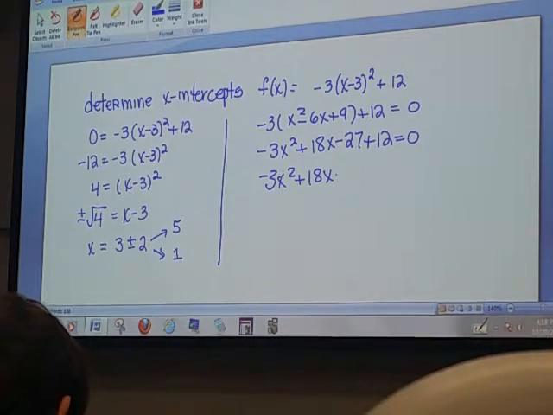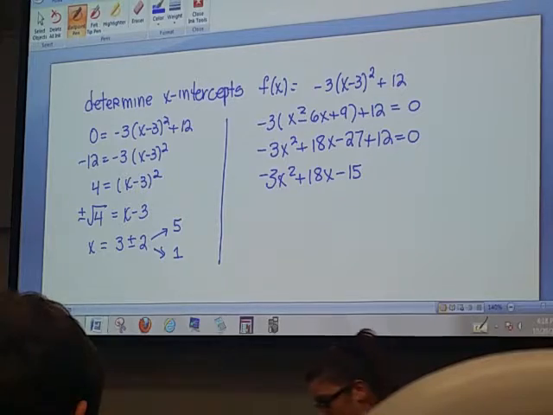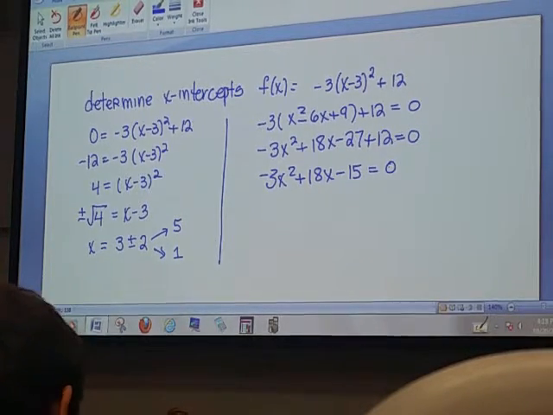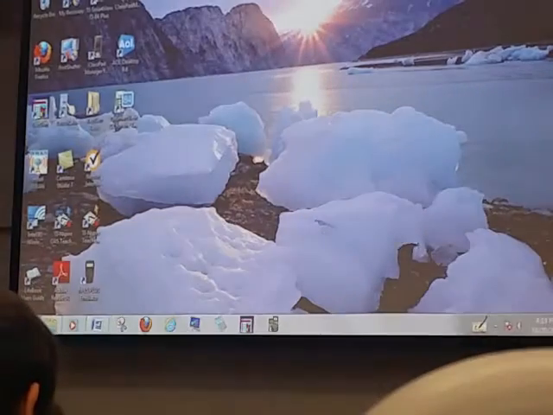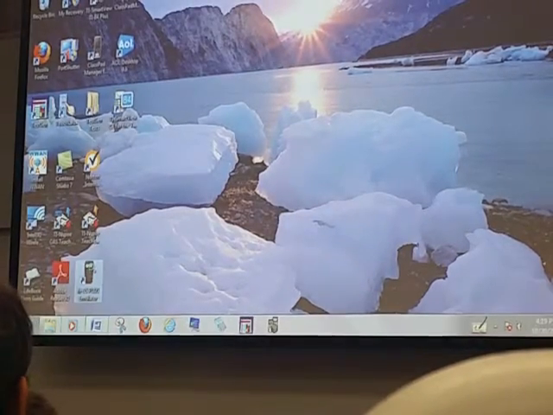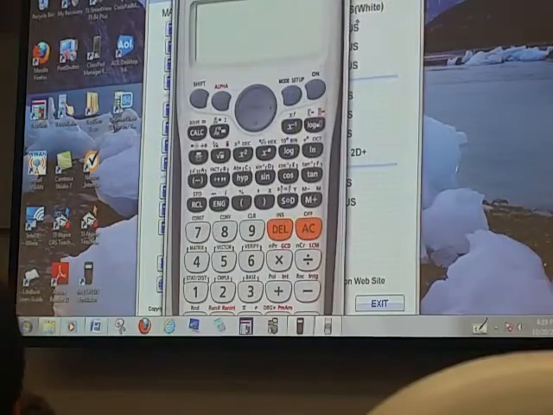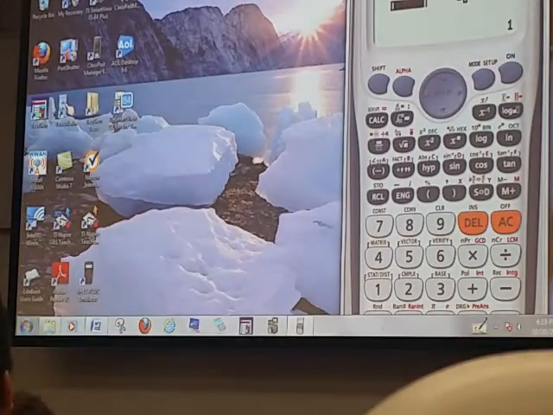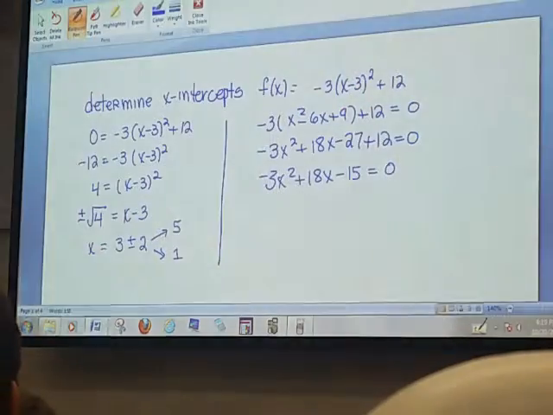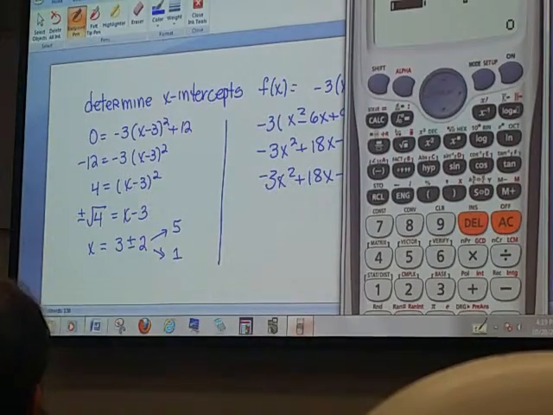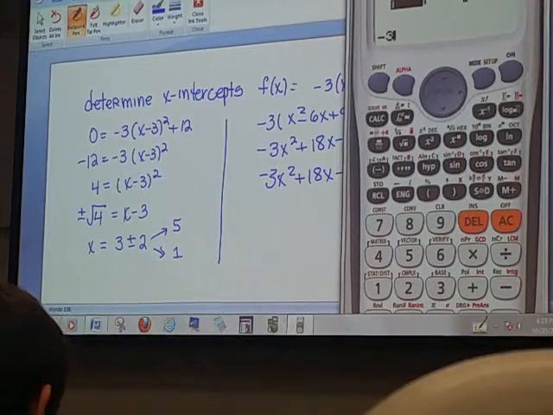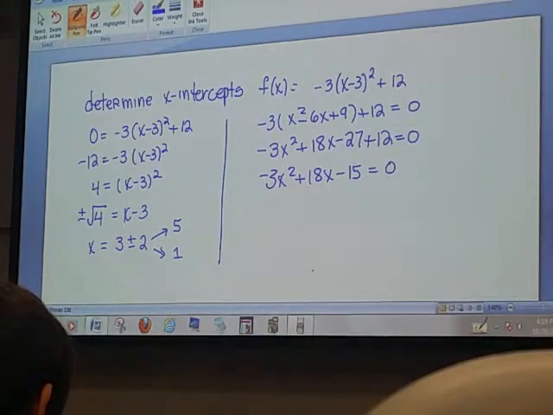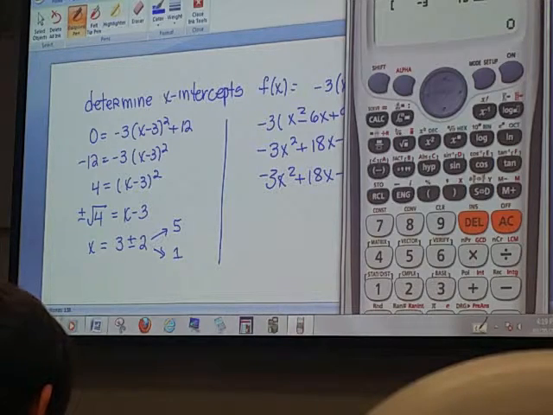Where's the minus, oh, minus 15? So if I do it that way, minus 3 plus 18 minus 15.